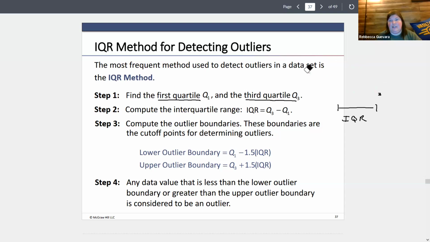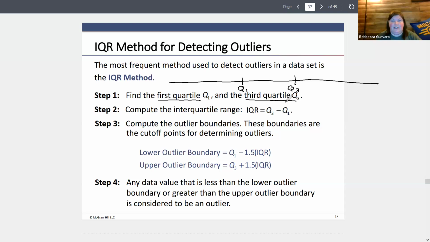So I'm going to rewrite this data just a little bit, or my little picture. Let me make my data very spread out. So let's say this Q1 and Q3 is here. We want to know where these outliers start. What we're going to do is take that interquartile range and multiply it by 1.5.